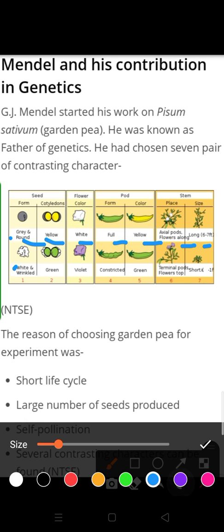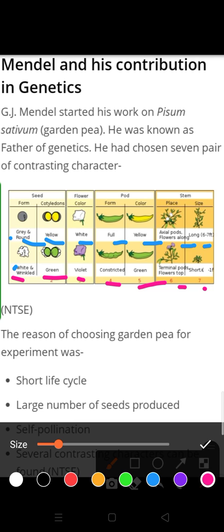He took two plants, and in the two plants these 7 characteristics differ. Like gray and round or white and wrinkled seed form. Cotyledons: if you open the seed, you see yellow cotyledon or green cotyledon. Flower color, white or violet. Pod, full or constricted.